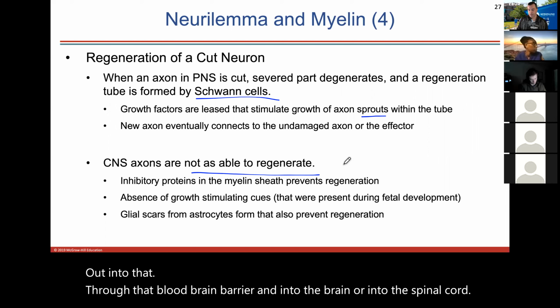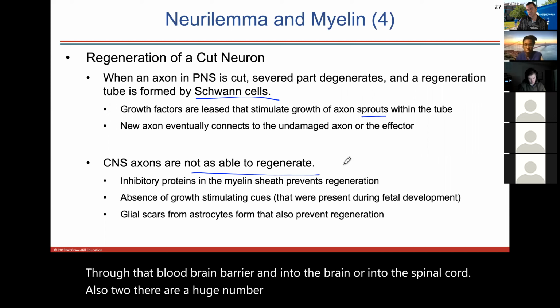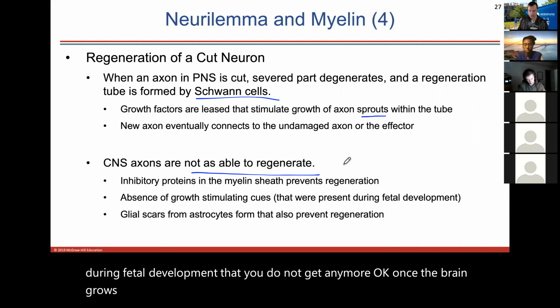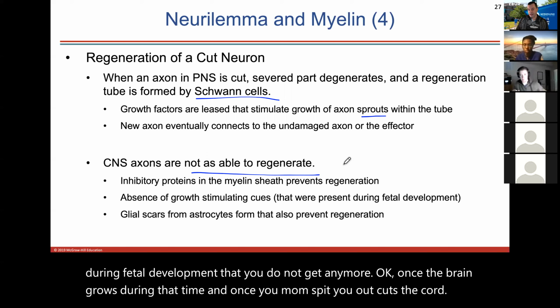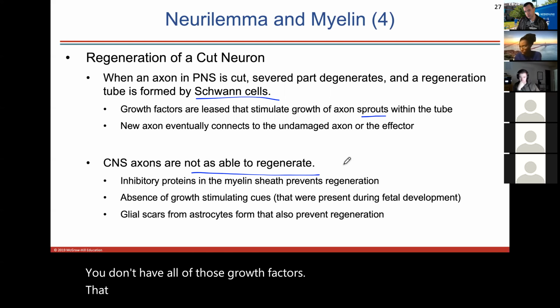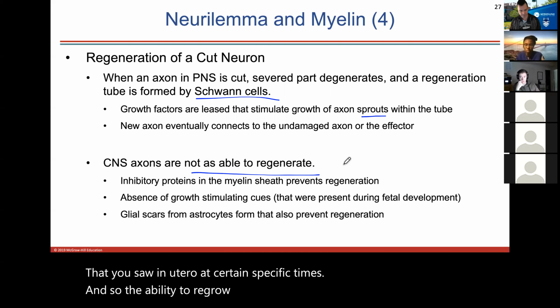Okay. Also, there are a huge number of growth factors that you see in utero during fetal development that you do not get anymore. Once the brain grows during that time, and once mom spits you out and cuts the cord, you don't have all of those growth factors that you saw in utero at certain specific times. And so the ability to regrow this quickly and effectively, bye-bye.